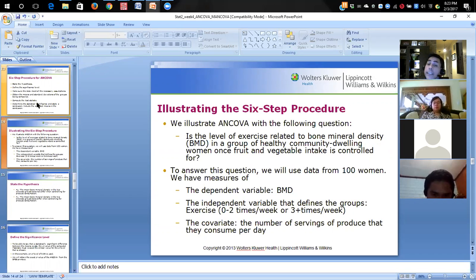And the covariate is, of course, the number of servings of produce that they consume per day. So we have a categorical variable here, which is our exercise. And then we have another independent variable that's continuous, and that's the number of produce, which is fruits and vegetables, that they consume per day.